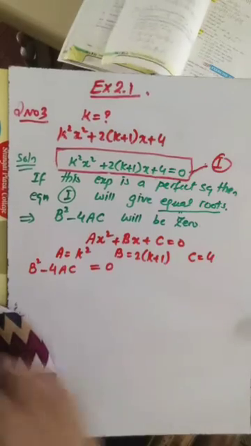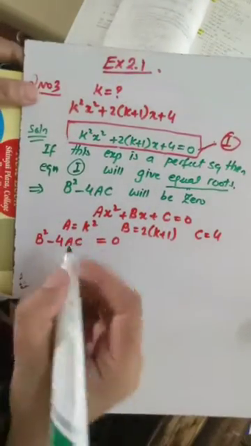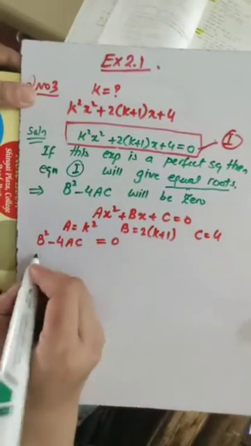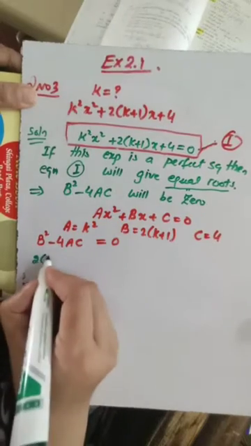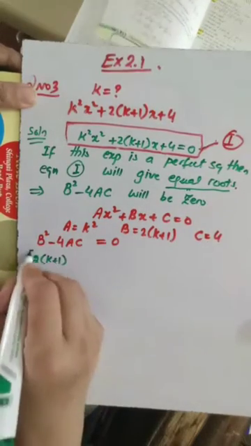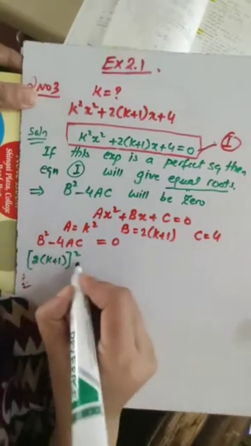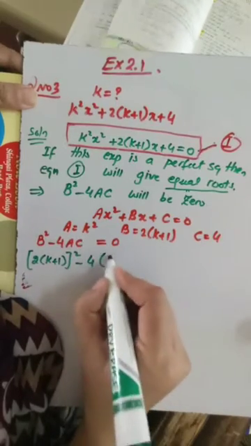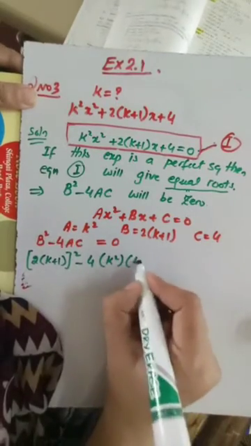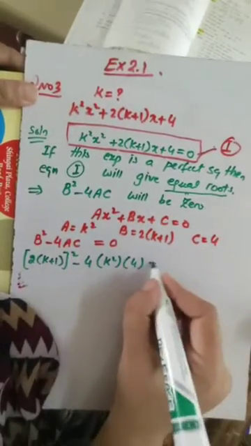Now the discriminant must be equal to 0, which means B square minus 4AC should be equal to 0.